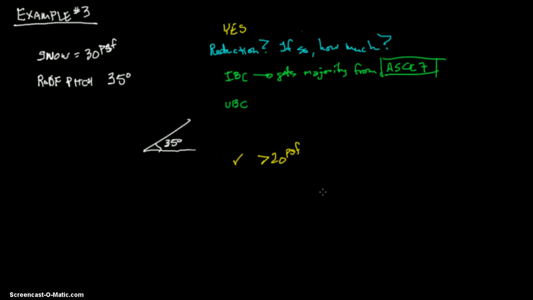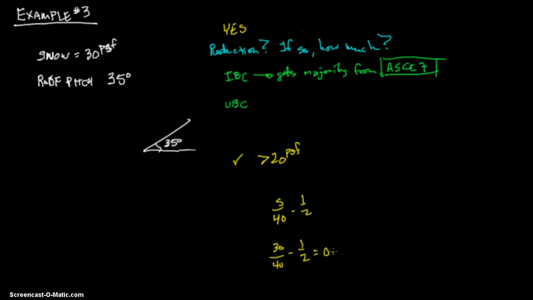According to that criteria, for anything over 20 pounds per square foot, you can reduce each degree of pitch over 20 by S over 40 minus 1/2, where S is the total snow load. So let's go back, use your total snow load, which is 30 over 40, and then minus 1/2, which equals what?